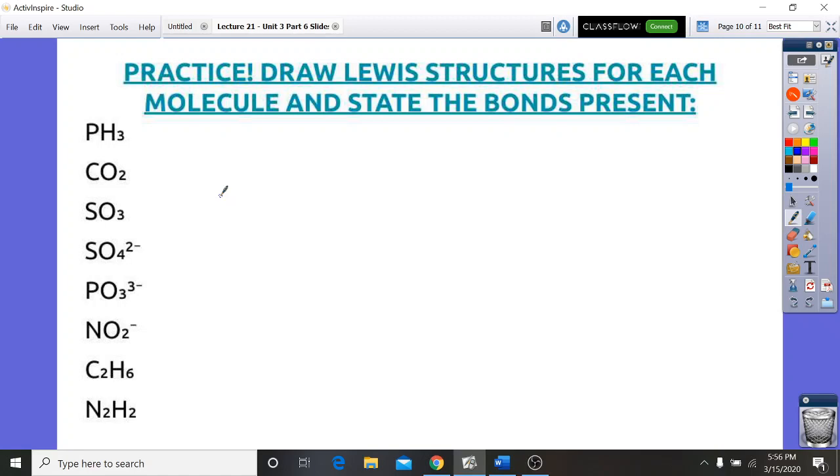All the instructions for this assignment are already online. They're going to be found on the assignment. That is where you'll see the directions for this assignment. These two here, these are challenge molecules. I do not expect you all to get it right away. I do expect correct answers for these here.